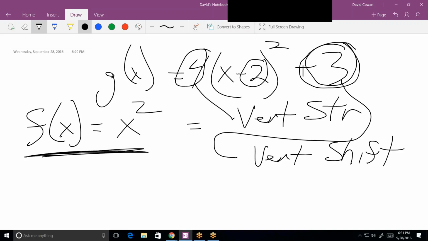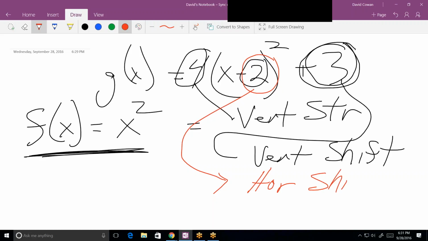And finally, there's one last thing that's being done. What's the consequence of that? We know it's horizontal because it's inside the function. Horizontal shift, to the right by 2 units. And that's it. There's only 3 things being done to the parent function: a vertical stretch, a horizontal shift, and a vertical shift.